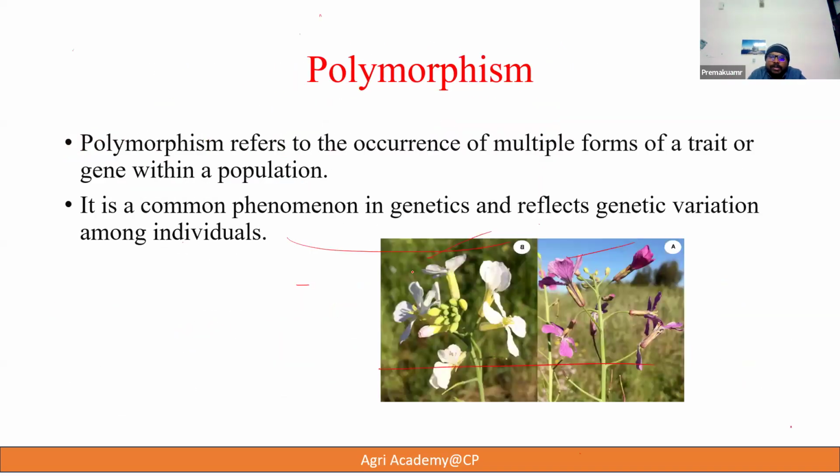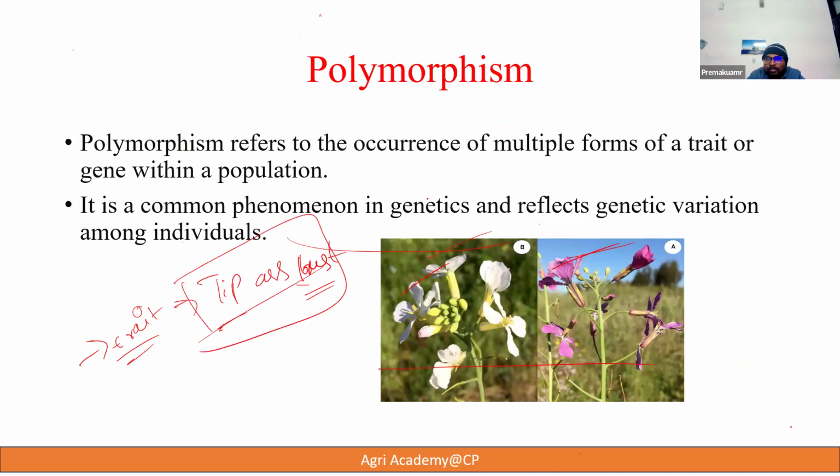For naked eye polymorphism, it's simple, and there are so many traits, like tip burning resistance, associated with rust gene Lr34. As of now, I remember only this one example. Sorry.